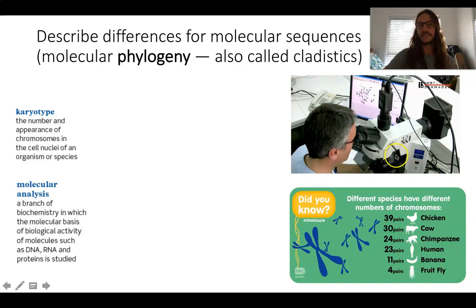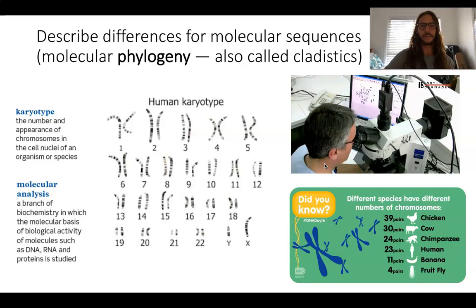The process of looking at chromosomes and assorting them into pairs is known as karyotyping, and the outcome is a karyotype. A karyotype is the number and appearance of chromosomes in each cell. So humans, like we said, have 23 pairs, with 1 pair being the sex chromosomes.